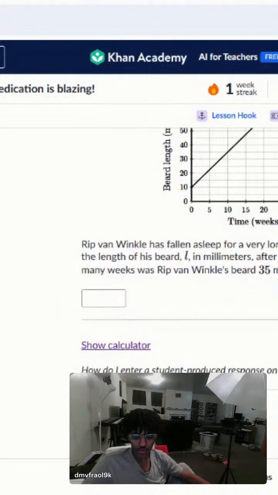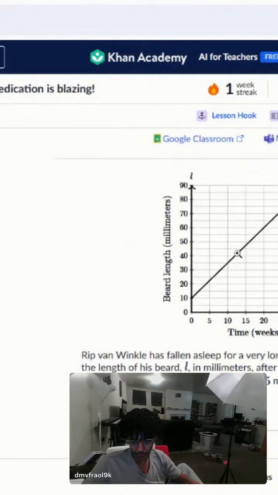After how many weeks will Rip Van Winkle's beard reach 35 millimeters long?